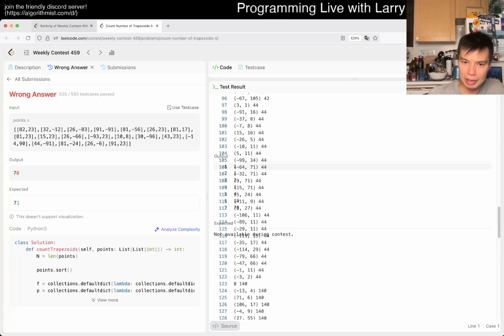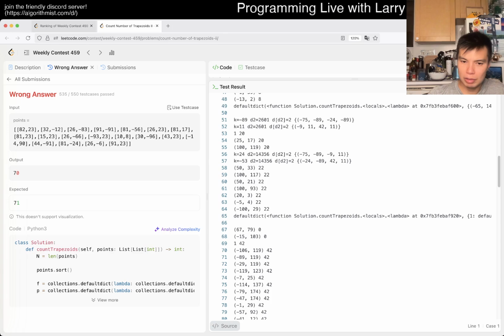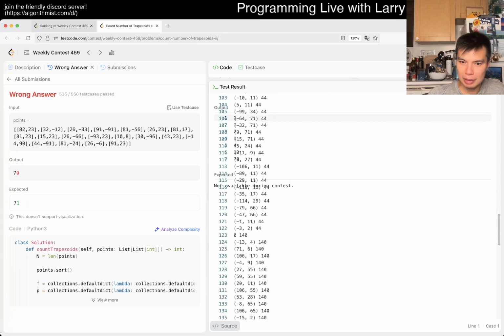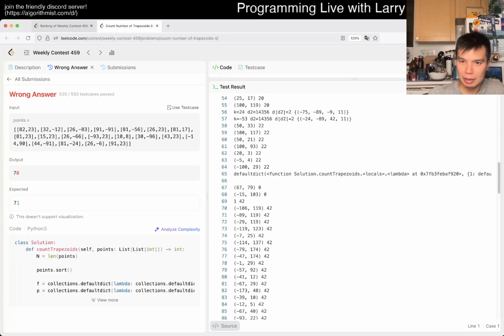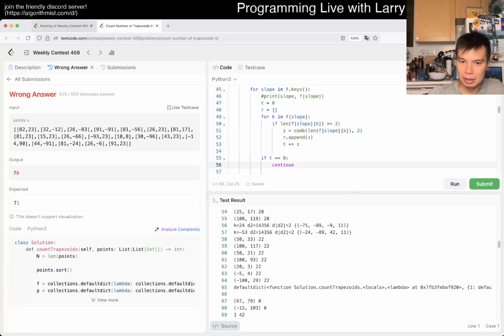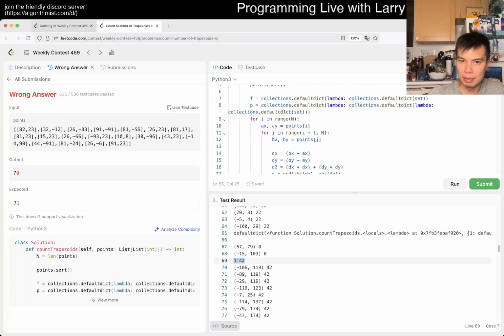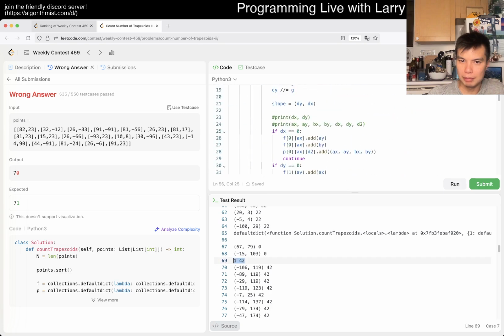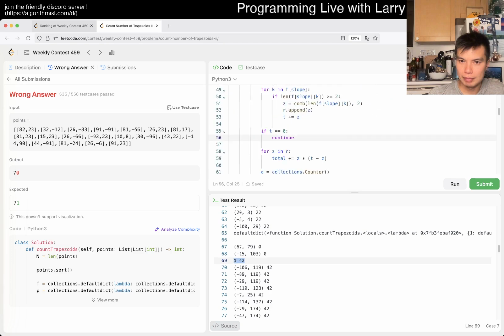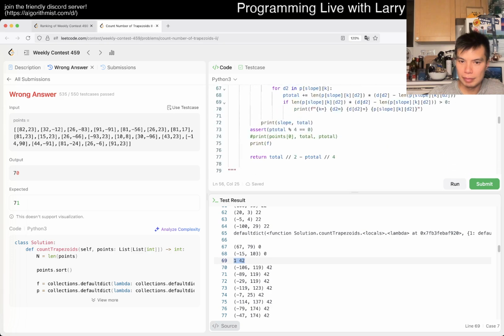It is an optimization, but I still don't know how that helps, to be frank. What does this 142 mean? Did I print out other stuff somewhere? Oh, that's the slope is 1, so that's all the vertical lines or horizontal, I forget.